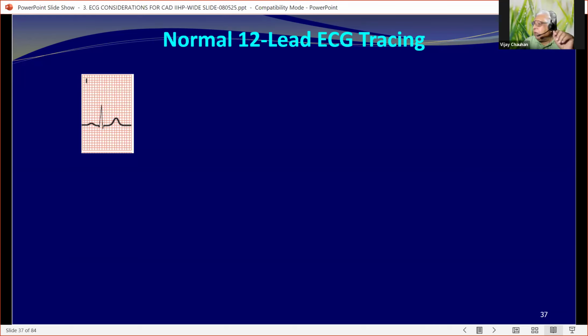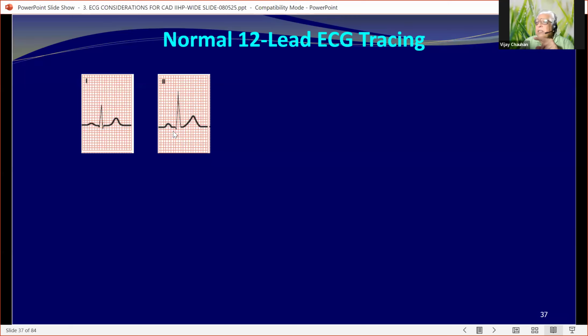Now we go to the second lead. It will be also similar, but R wave is more prominent. P wave is also more prominent, and T wave is also more prominent. So if you look at an ECG, you will see on the base of the ECG strip in 12 lead ECG, it runs independently, and that is lead 2.